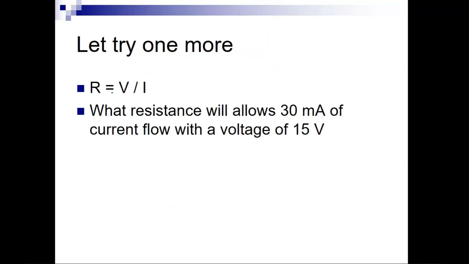So what about resistance? We've got 30 milliamps and 15 volts. So that should be 15 volts. What am I dividing it by?